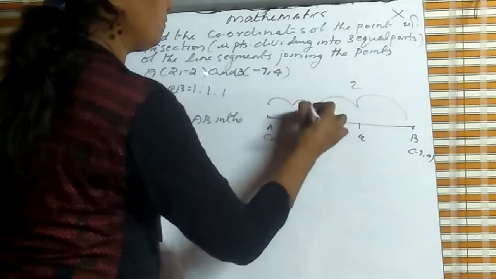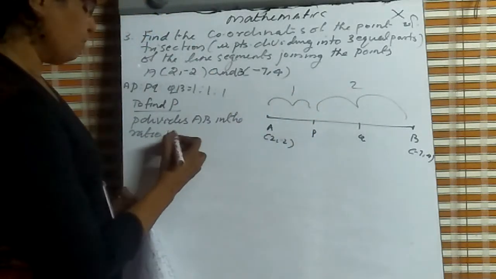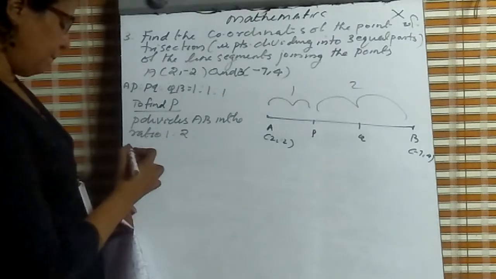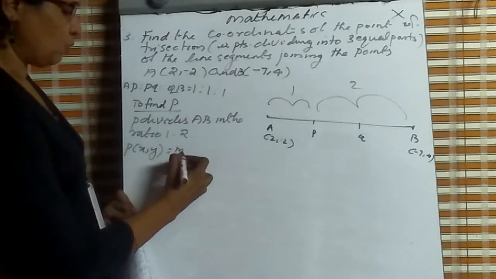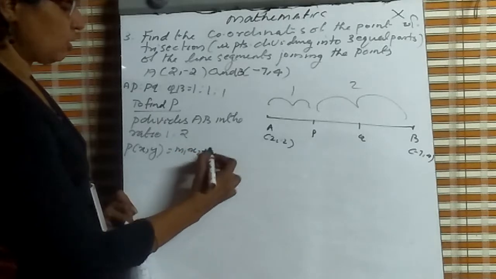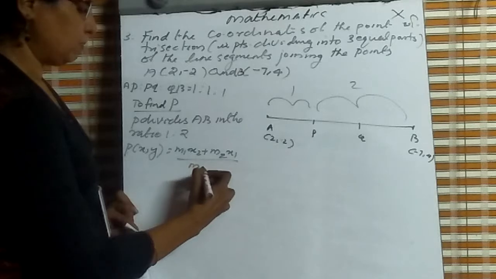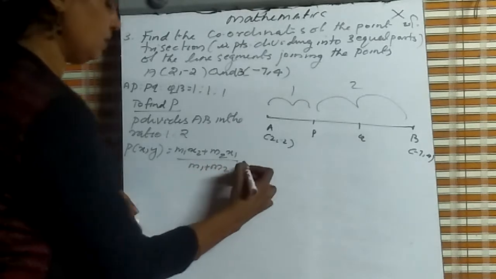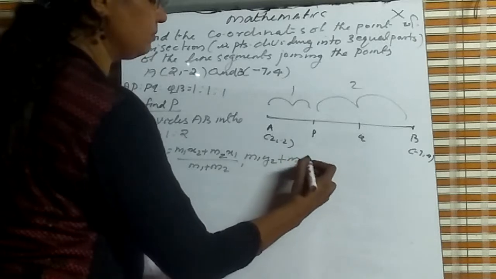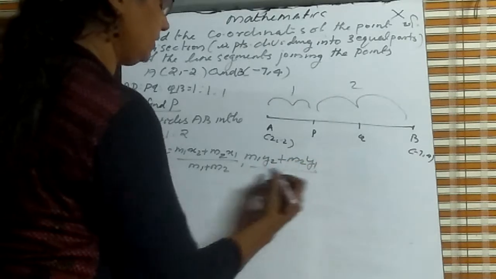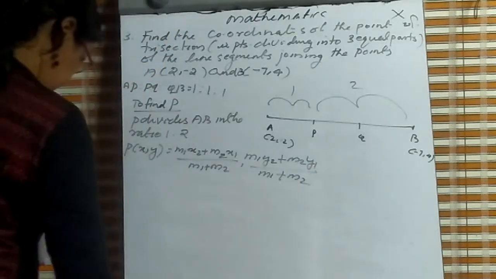So, P divides AB in the ratio 1:2. So, P(x, y) is equal to our formula: (m1x2 + m2x1) by (m1 + m2), (m1y2 + m2y1) by (m1 + m2).